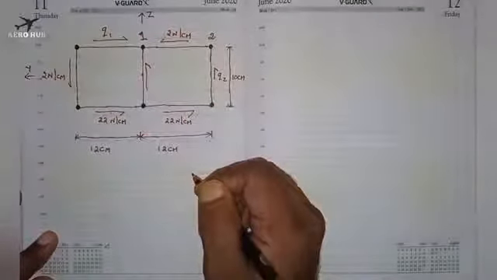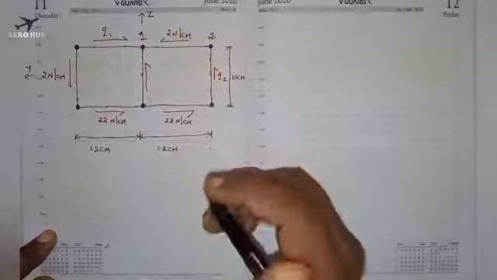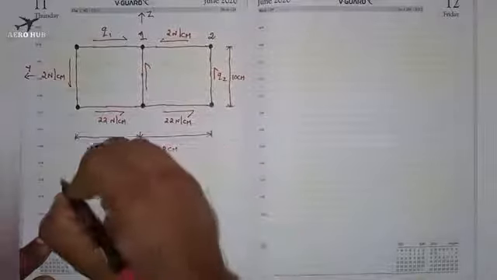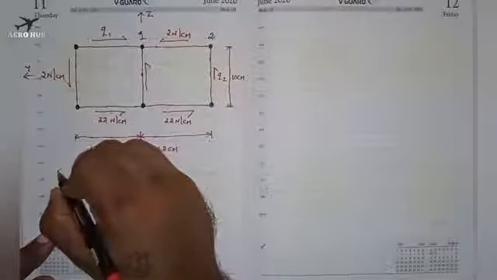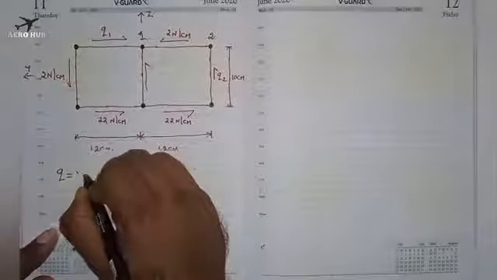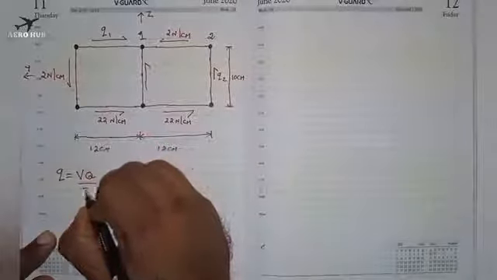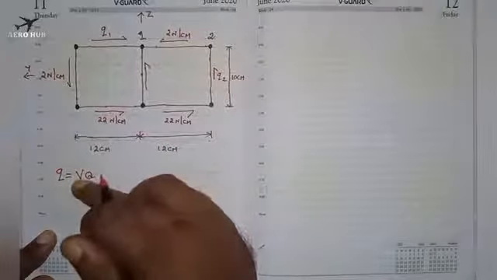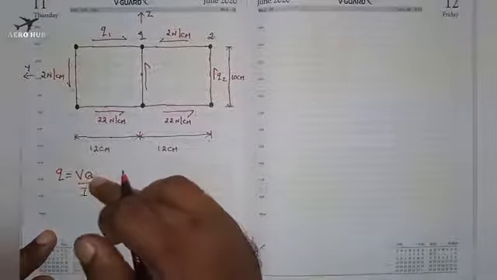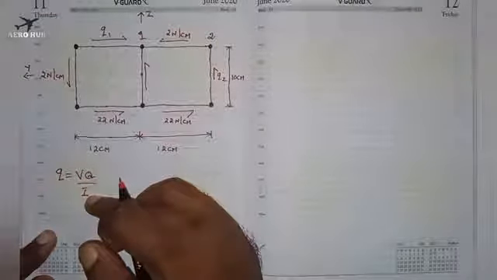Therefore, to find the value of Q1 and Q2 we have to remember the basic equation of shear flow, that is q equal to V times Q divided by I, where V is the shear force, Q is the first moment of area and I is the second moment of area, or nothing but the area moment of inertia.